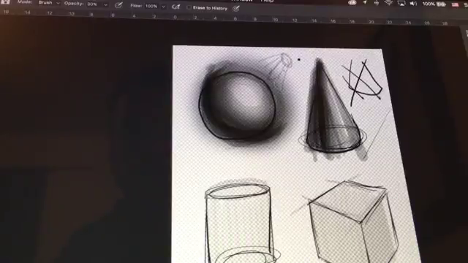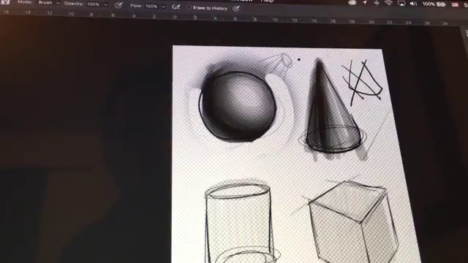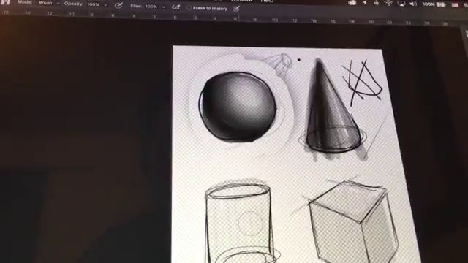If I erase all this, you'll see nicely that this sphere looks like it's popping off of the page. Whoa, look at that. So when you're drawing something, try and see where the light comes from. And hopefully that helps.